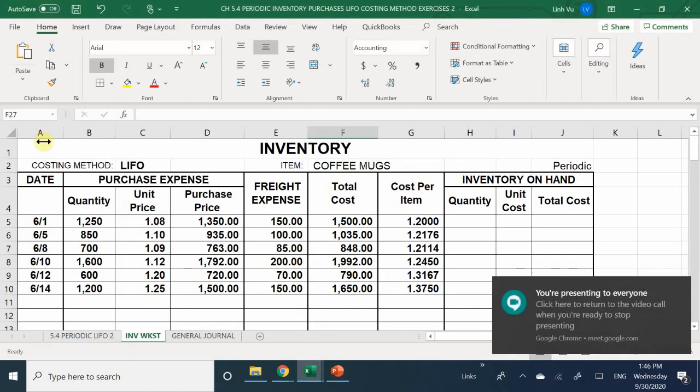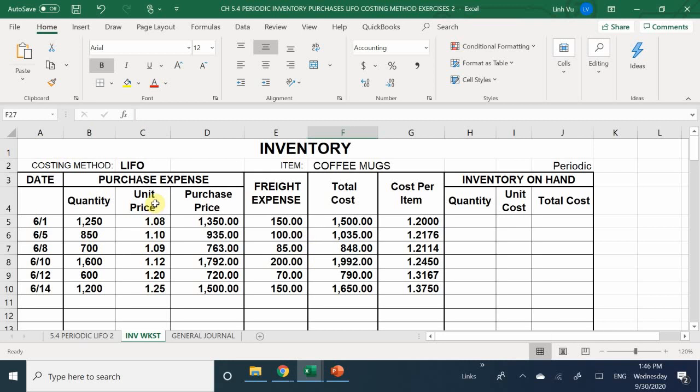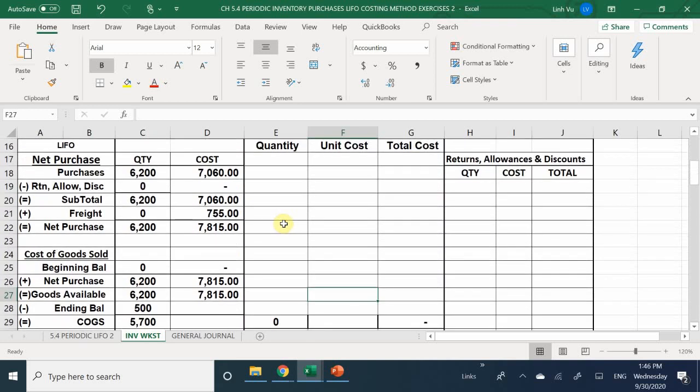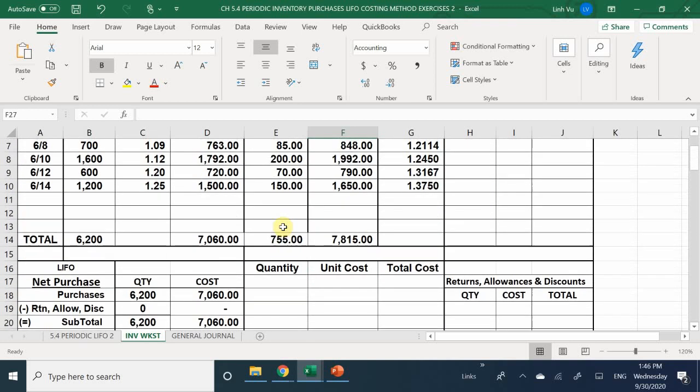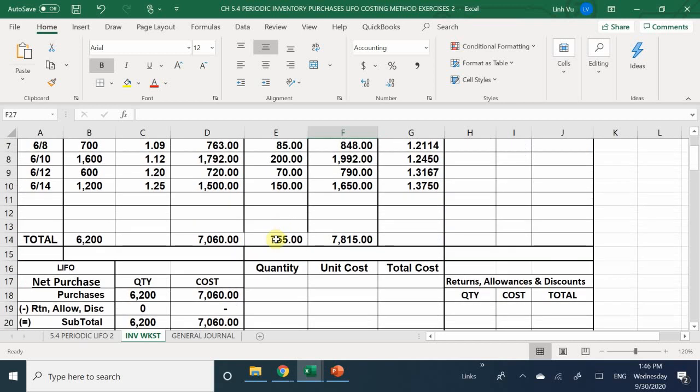Sorry about that. So from here, because we're doing LIFO, meaning last ins are first out, which batch are we going to dive into first? The 614 date. 614 for the 1,200, right? And we sold a grand total of 5,700. So is it safe to assume that we're going to take the whole batch? Yes.